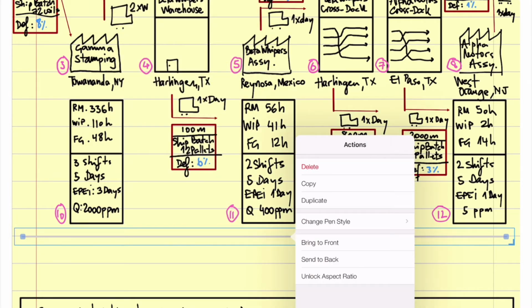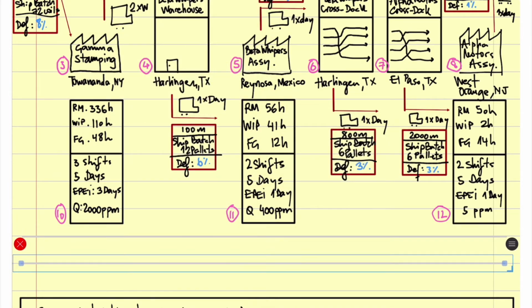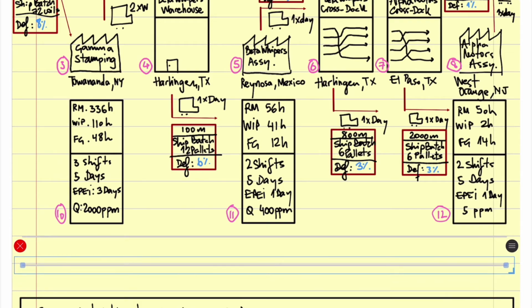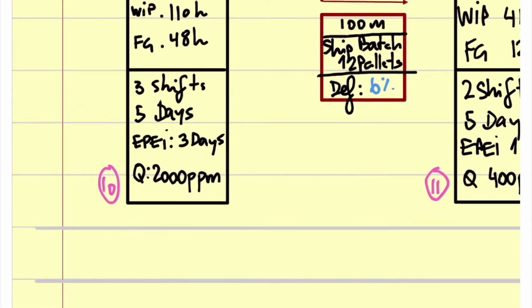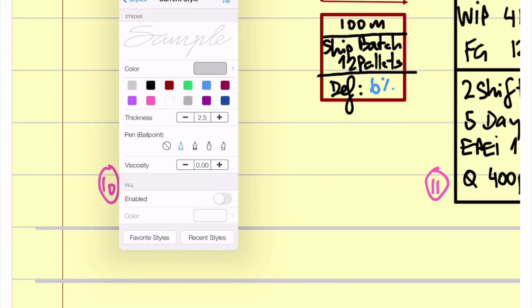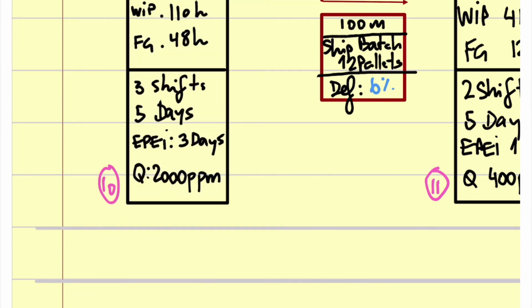So the way to visualize this is we have one line for value adding, and one line for non-value adding.